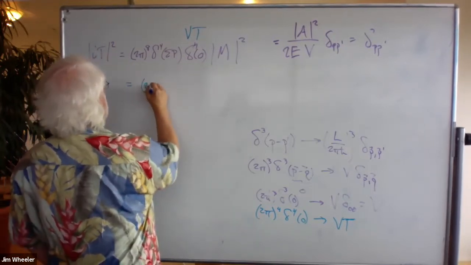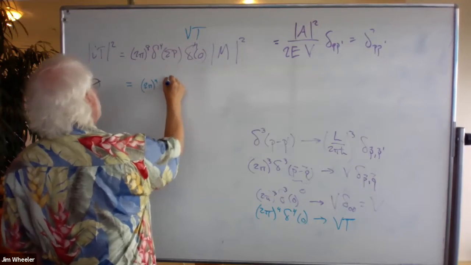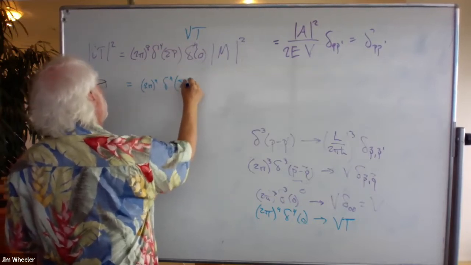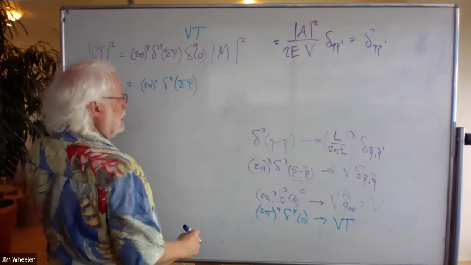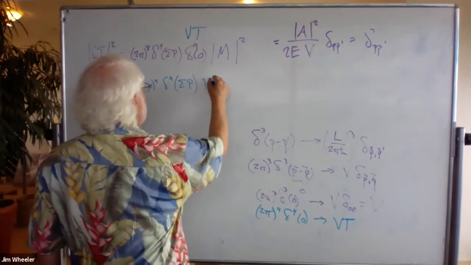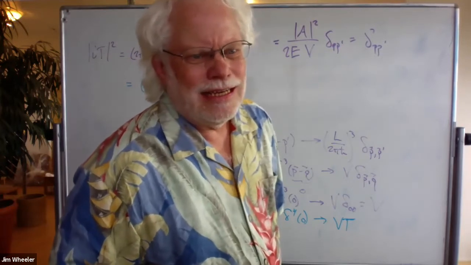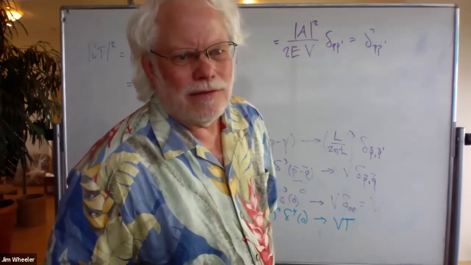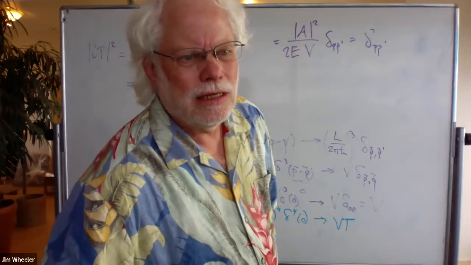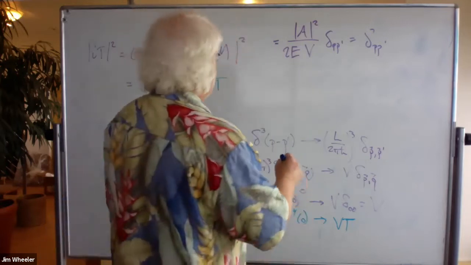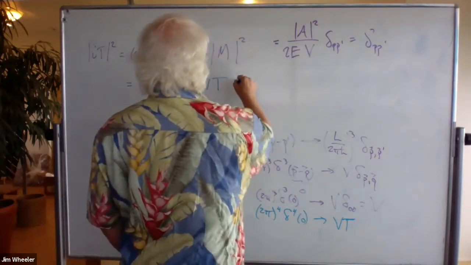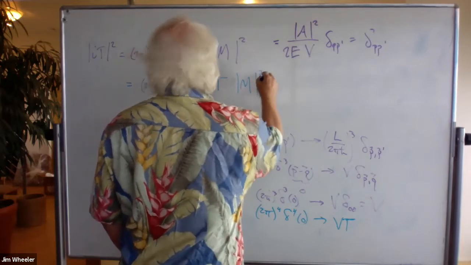So we're left with (2π)⁴ δ⁴ on the sum of the momenta. And then here we get a V and a T. And now we also get factors, since we have M squared.